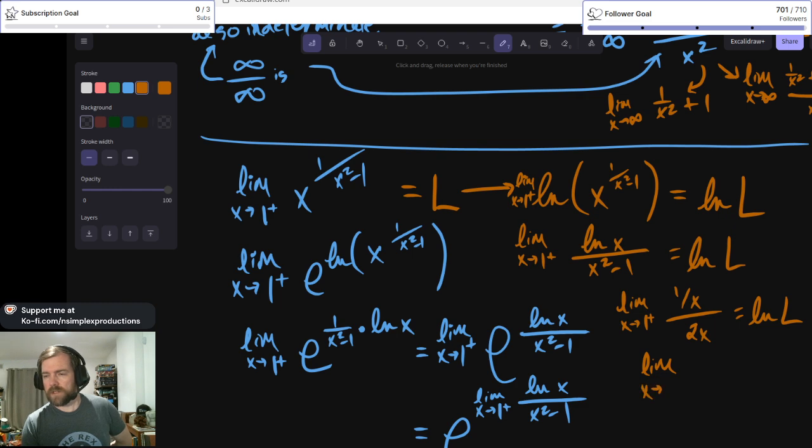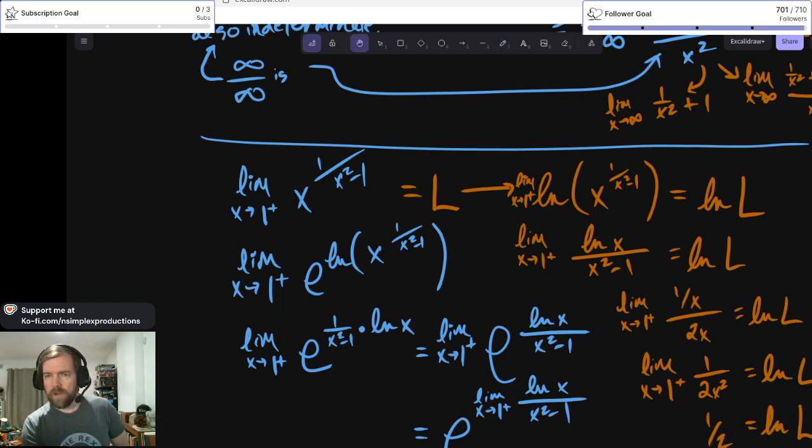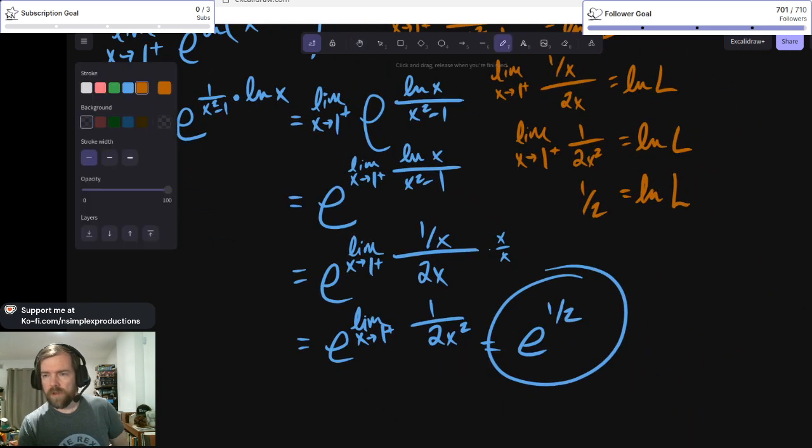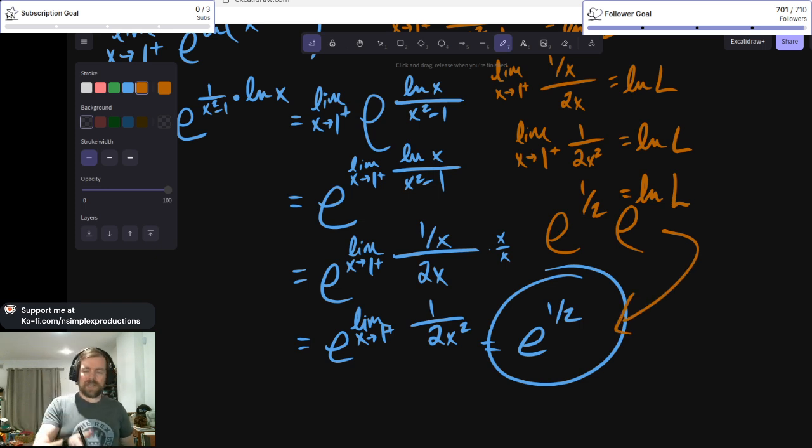So limit as x goes to 1 from the positive side. Multiply both top and bottom by x. Again, it's just 1 over 2x squared, which is equal to the natural log of L. This is equal to 1/2. And then we're going to raise e to both sides, and we get that L is equal to, the limit is equal to e to the 1/2.